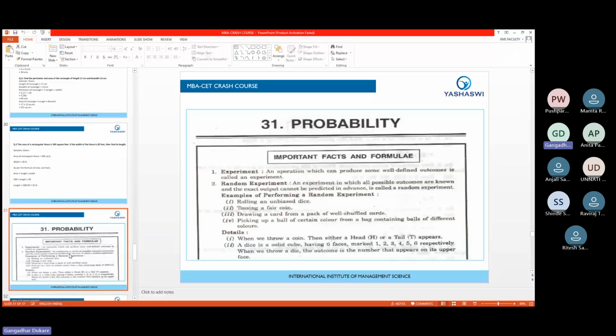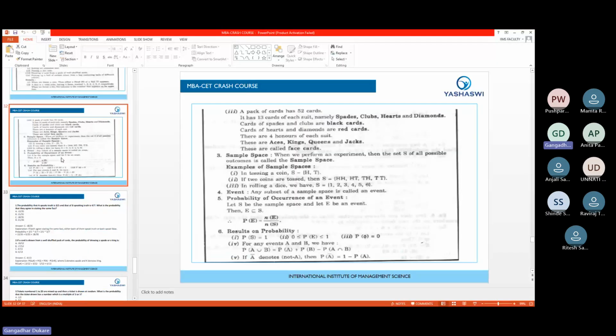We'll start with probability. Just go through reviewing all these probability formula aspects.